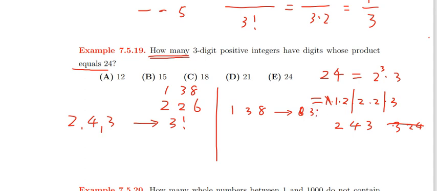So 1, 3, 8, and 1, 4, 6, right? And if the first one is 1, we have only these cases. Then 2, 2, 6, 2, 3, 4. 2, 3, 4. Okay.